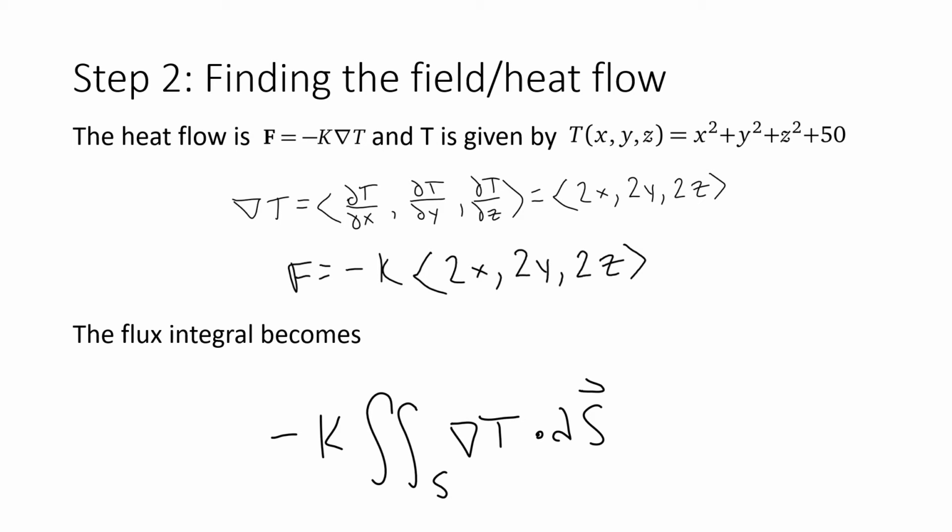So the flux integral becomes, you can substitute our F into the equation we had originally. So you get negative K times the flux integral, but instead of F you have the gradient of T, and then you have your surface.